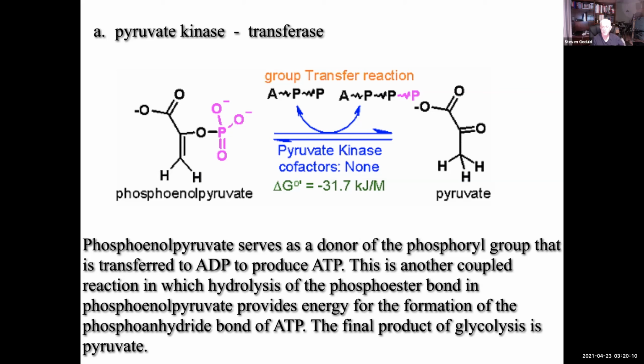So the final product of glycolysis is pyruvate. When we do glycolysis, which we're going to do, I think, either this chapter or the next chapter, in producing ATPs, this is one of the reactions we're going to use to produce pyruvate at the end of glycolysis.